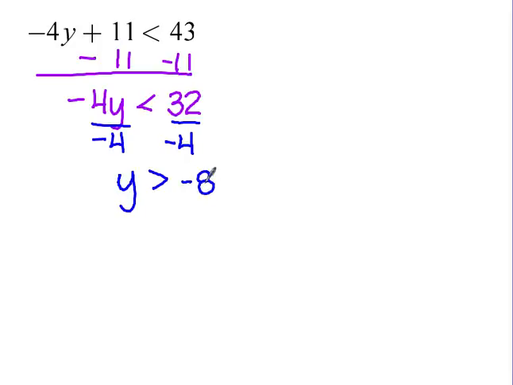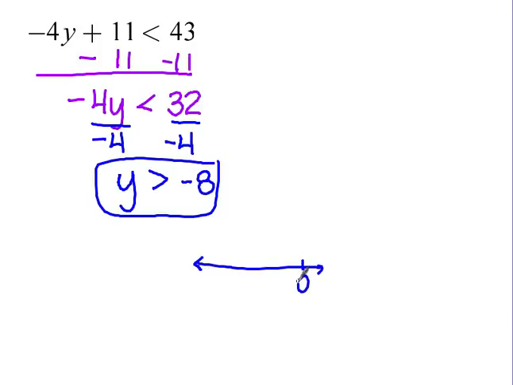Why did I switch the inequality? Divided by a negative number. And that was basically yesterday's lesson. Whenever you divide by a negative number, you've got to switch the inequality. What type of circle at negative 8, folks? Open. Which way am I going to shade? To the right. Questions? So far, so good?